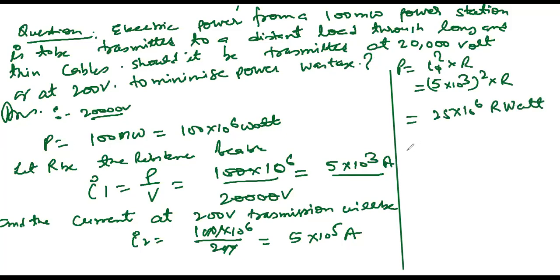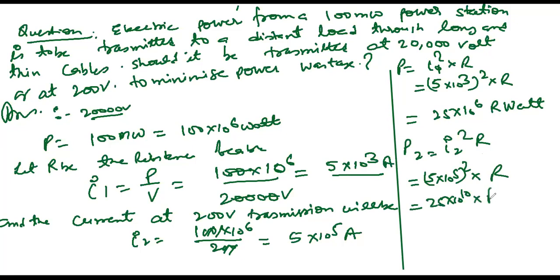Calculate in the second condition. P2 is equal to I2 square R. I2 is 5 into 10 to the power 5 whole square and R will be R only. So it will become 25 into 10 to the power 10 into R.